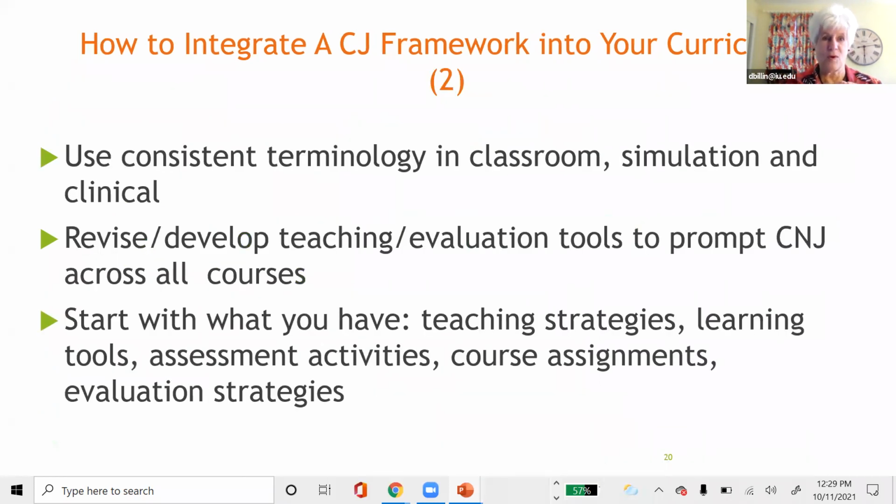Okay, and then just a few more things that come to my mind about how to go about doing this. And when we get into chat, you can add some further thoughts if you would like. So, consistent terminology is part of the model, so use that.